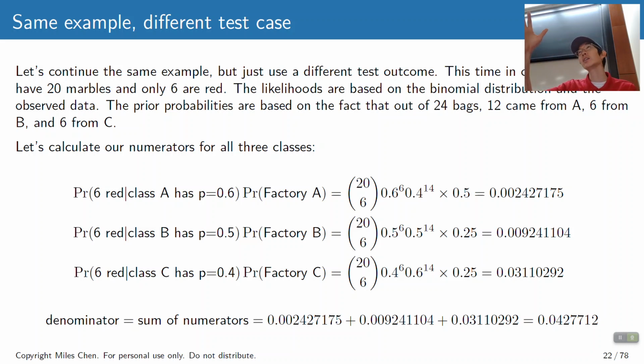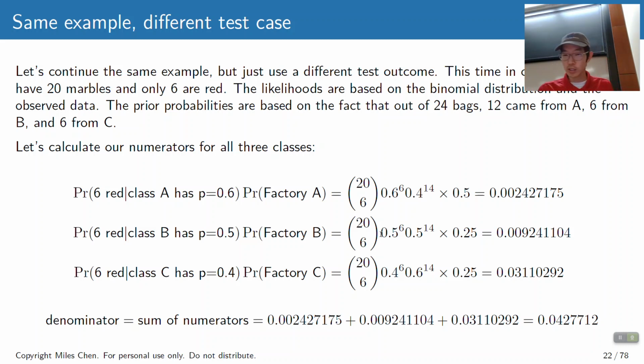Because factory A, we're assuming, fills bags at 60% red. Could a factory that puts in 60% red produce a bag where it was only 30% red? It could, but the likelihood of that happening is pretty low. What about factory B? Factory B we're assuming is 50% red.